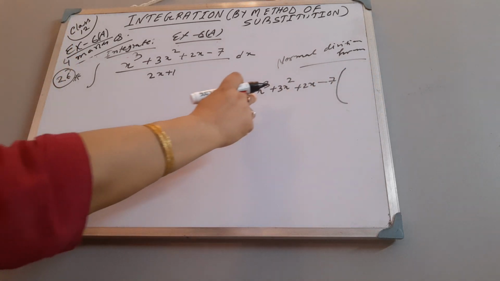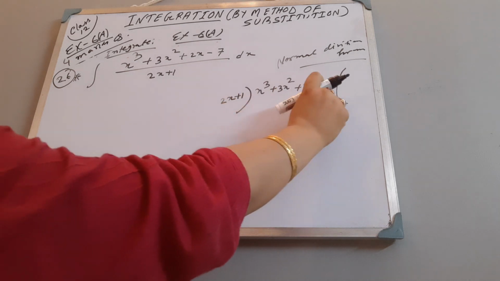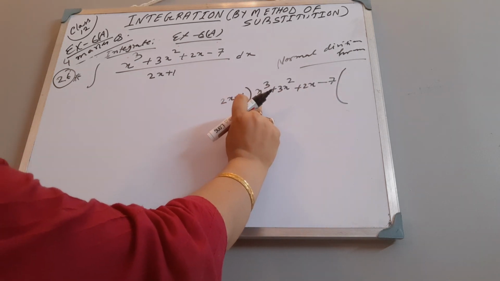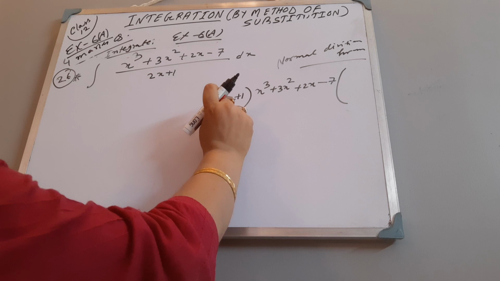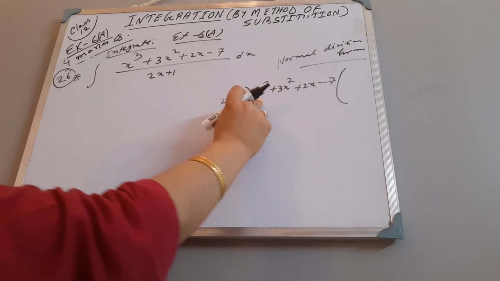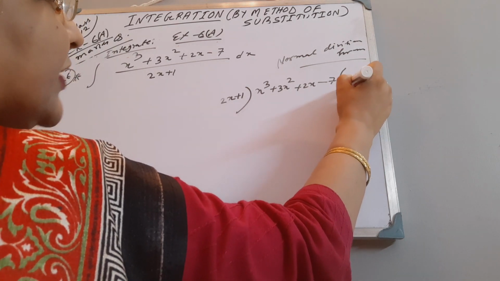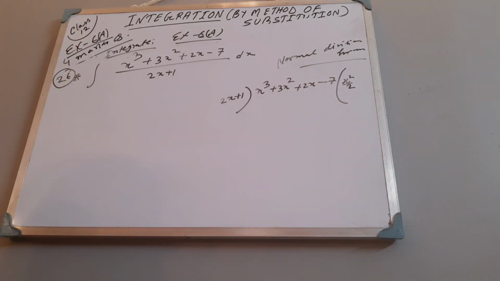What is the first term in this expression? The first term is x cube and here it is 2x. We have to get only x cube, so we have to multiply by x square by 2. Understood or not? 2x into x square by 2, the 2 cancels, we get x cube.